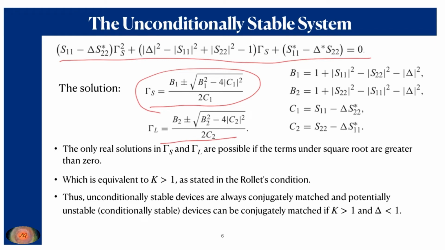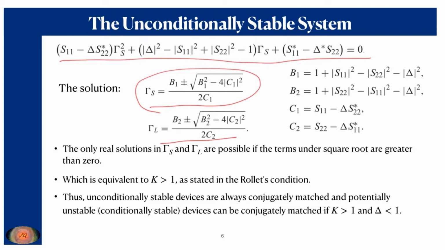And in this case, the B1 and C1 are associated with the gamma S, and B2 and C2 are associated with the gamma L. The expression for B1 and C1 is written over here. This is the B1, this is C1, and B2 and C2.